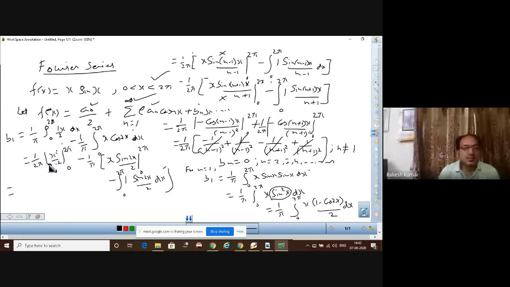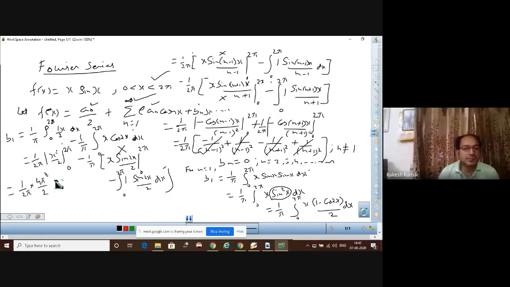Now substitute the limits: for the upper limit you will get 4 pi square upon 2, and for the lower limit 0 it will be 0. When you substitute 2 pi here, you will get sine of all multiples of pi, which is 0. For lower limit 0, sine 0 is 0. This term will vanish. Ultimately, minus and minus will be plus.